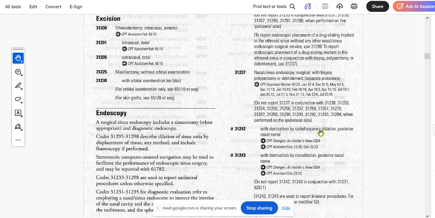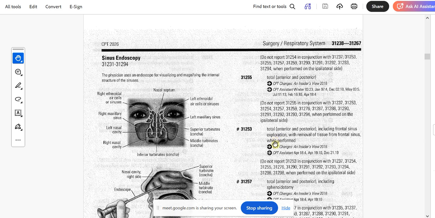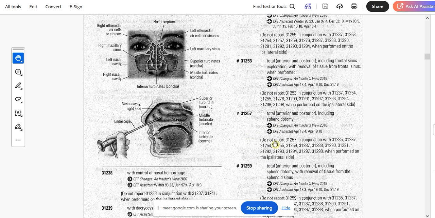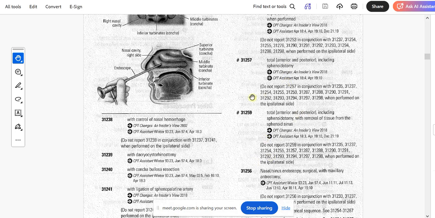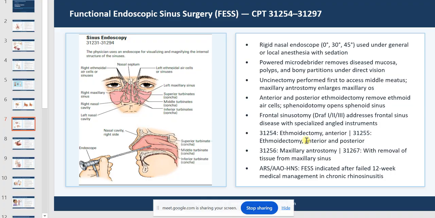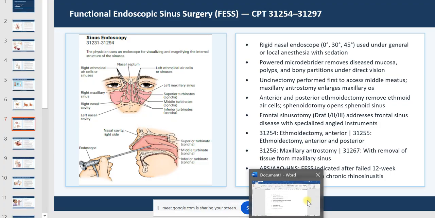Ablation means removal with energy. All that you have to do is keep a heading nasal or sinus endoscopy, and you have to learn all these procedures. If you come across a new word, explore, do some research. Most of them are self-explanatory if you know the anatomy. But if you are struggling with anatomy, then it is a bit difficult.